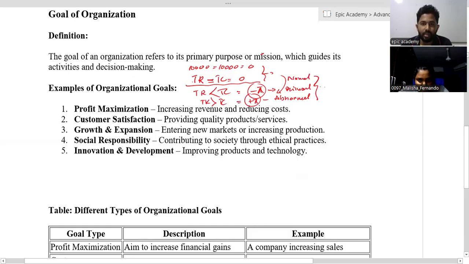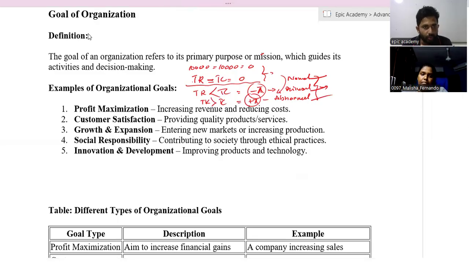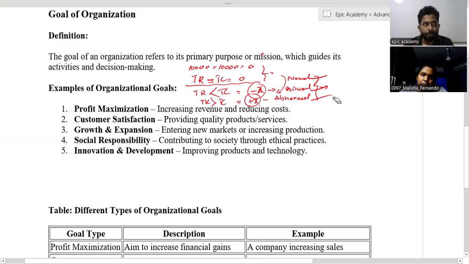Do not worry about the names. We are going to calculate all those things. Normal profit, abnormal profit, each and everything we are going to consider and calculate here. Do not worry about that. You are going to calculate and find the equation, and each and everything can be done.